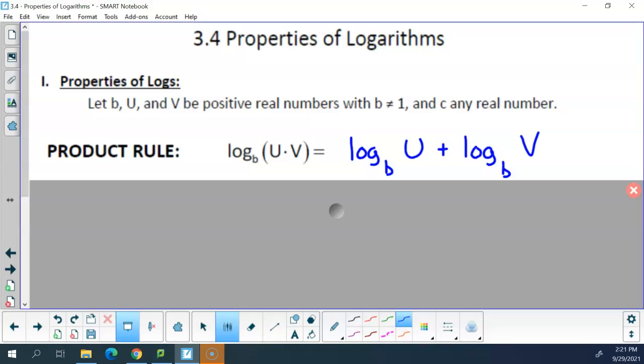If you're multiplying three things, you can just keep adding them. Okay? So if it was u times v times w, it would be log base b of u plus log base b of v plus log base b of w. So however many things you're multiplying, as long as you are multiplying, you just keep adding in logs.